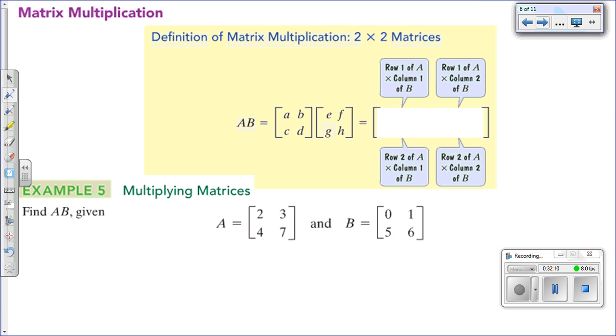Now we're going to go over matrix multiplication of 2 by 2 matrices. 2 by 2s, remember we have 2 rows, 2 columns, 2 rows, 2 columns.